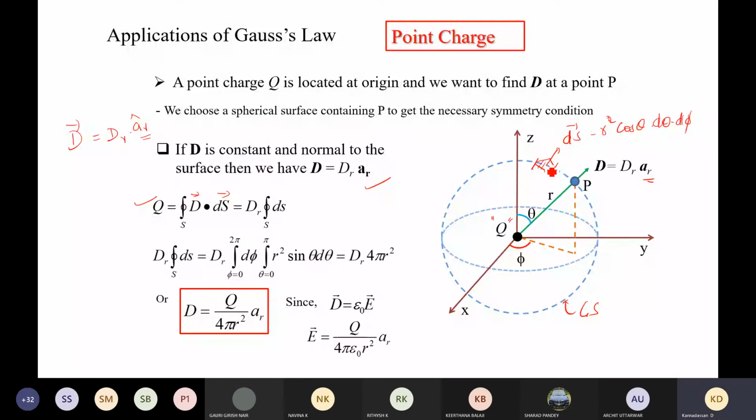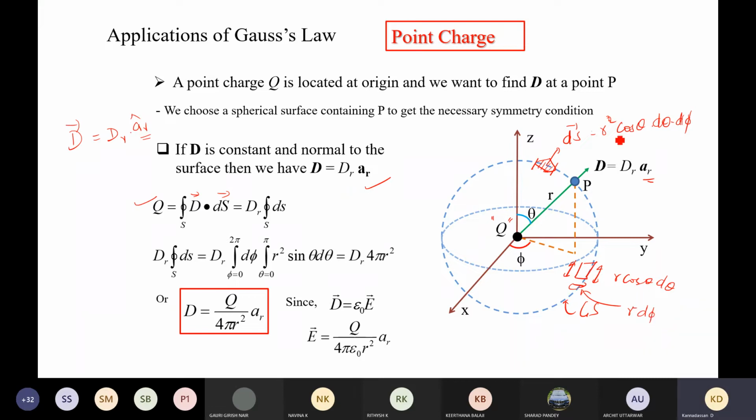So this is the small surface, which I believe all of you know about. If you take any particular place, the vertical one will be nothing but r cos theta d theta, and the horizontal one will give r d phi.